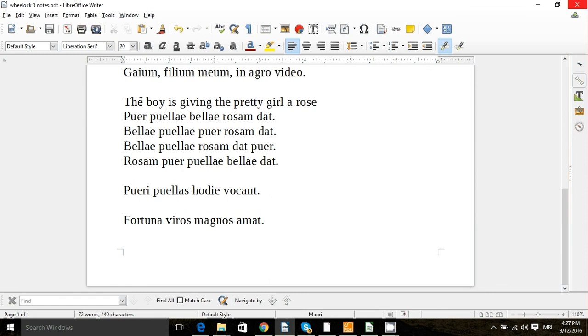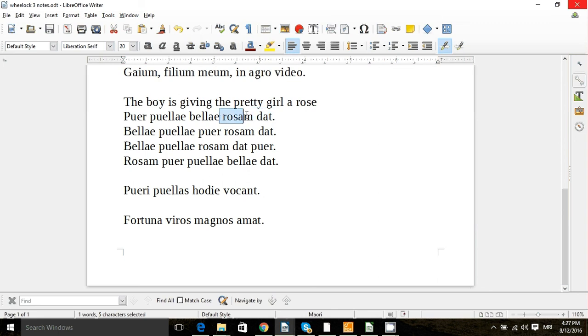So the meaning of all these sentences in Latin is: the boy is giving the pretty girl a rose. So you see in all these 4 different ways to order the words, they're all the same words, right? The boy, puer, nominative singular, so I know that's the subject. Dat, gives, is giving.